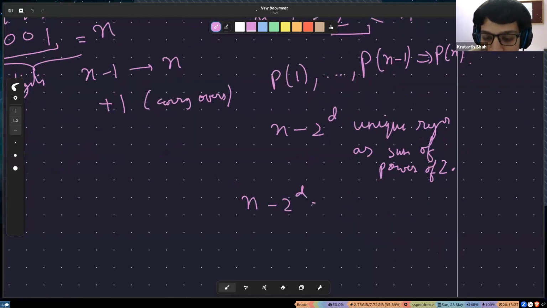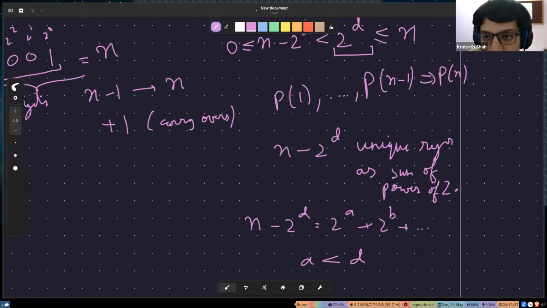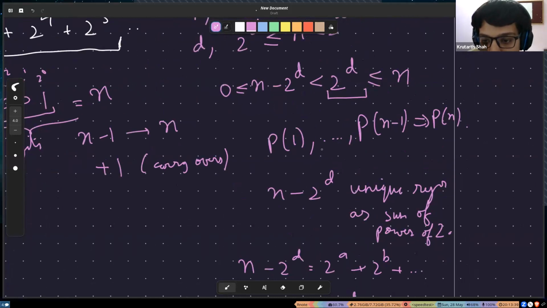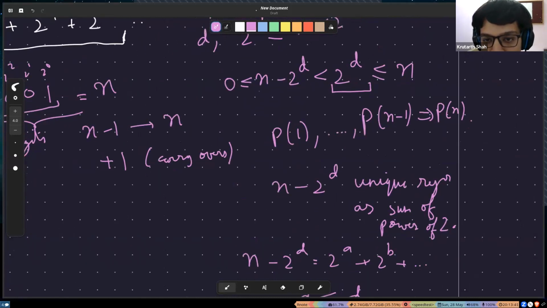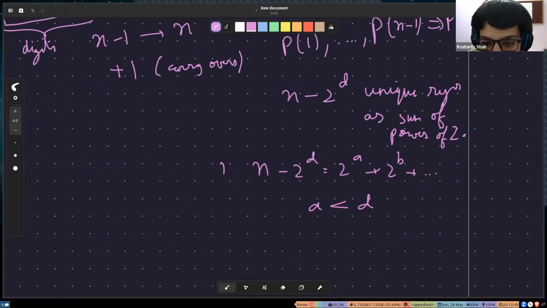But obviously, if I have n equal to a plus 2 to the power of b and whatnot, then a must be less than d, because we already know that n minus 2 to the power of d is less than 2 to the power of d. So I can't have 2 to the power of d here.